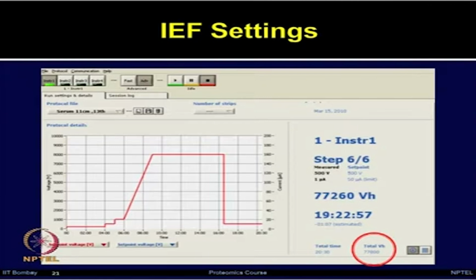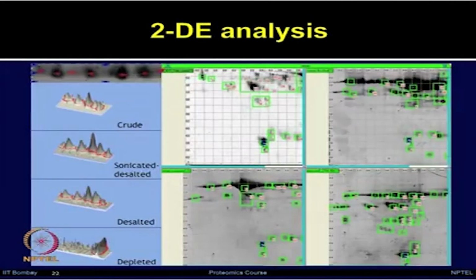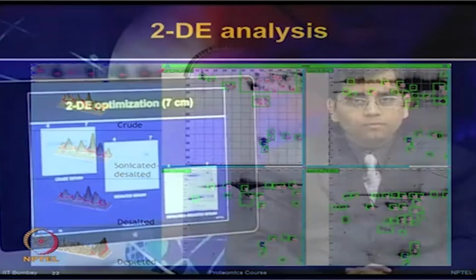From the software you can monitor how smoothly your isoelectric focusing is progressing. So, we tried various conditions: crude serum alone, sonicated and desalted, desalted alone, and depleted and desalted, and then tried to compare the effect of this processing on overall proteome coverage.